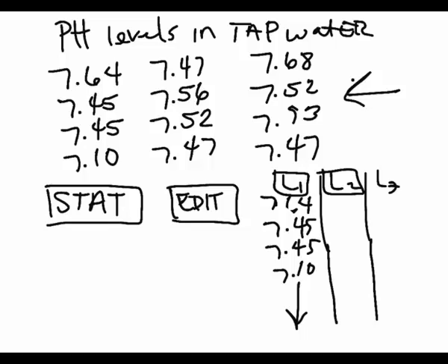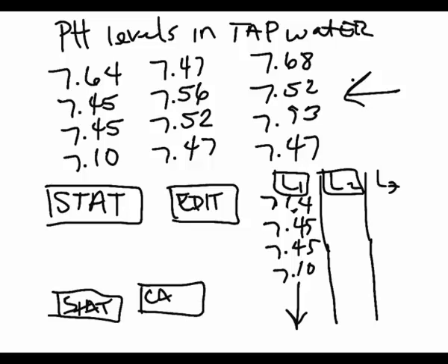After all of your values are in List 1 and you made sure they're all nice and neat and you didn't mess up putting them in, hit Stat again. This time, hit the right arrow so that Calc is highlighted. Calc. Okay?